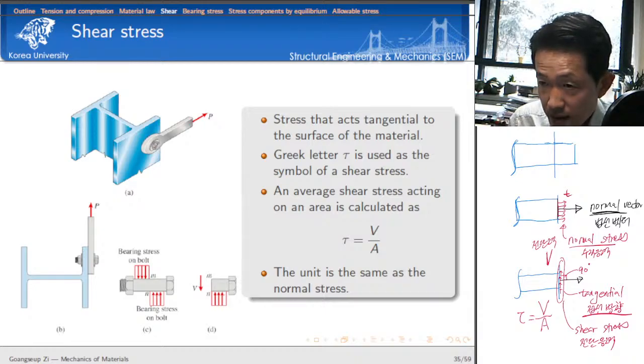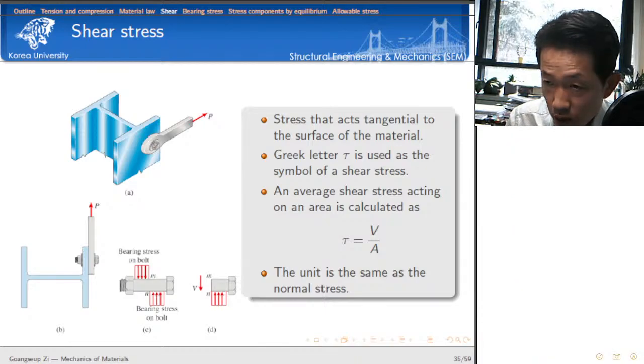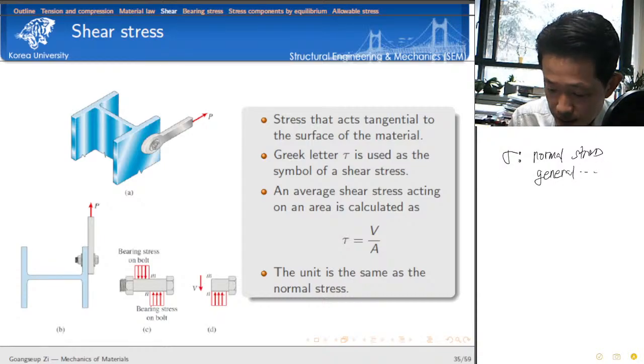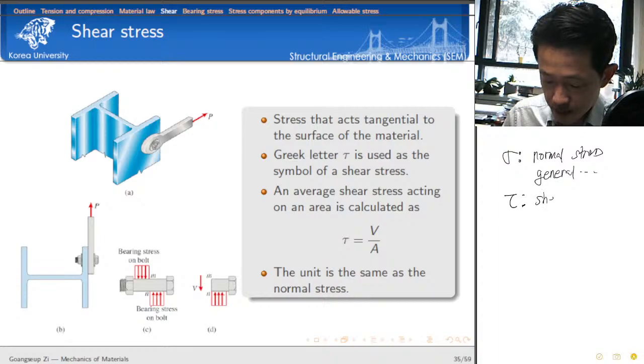Typically, we represent the shear stress by a Greek letter tau. For the normal stress, we use sigma, or for the general description of stress. Tau is what we usually use to represent shear stress only, okay?